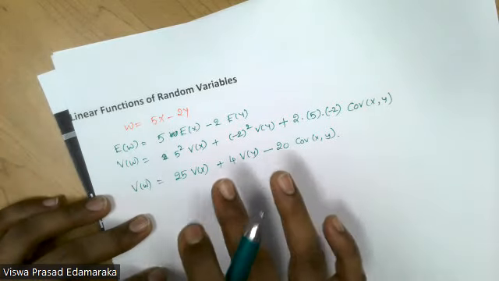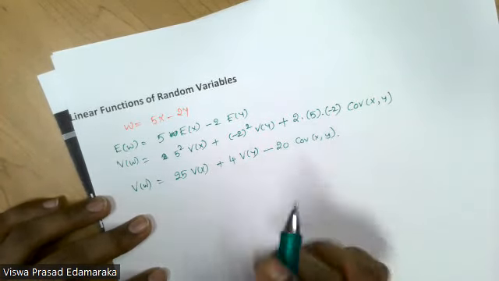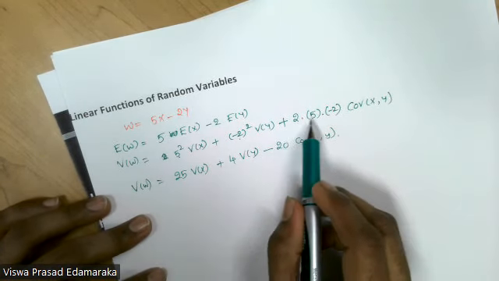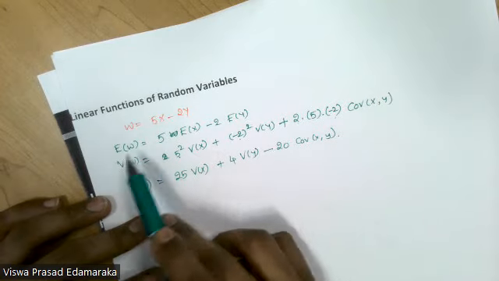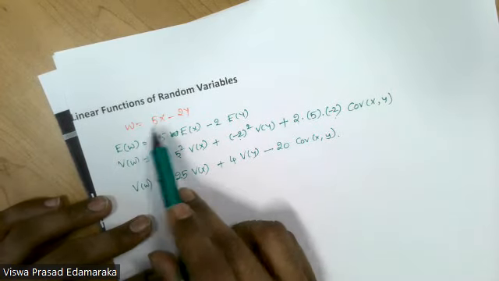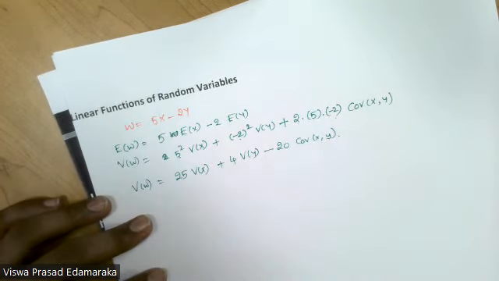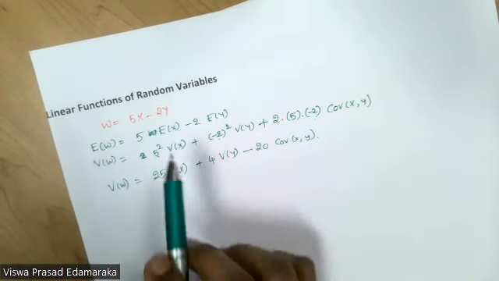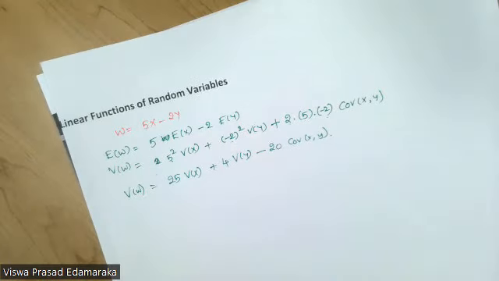This concept is very important and very easy. It is like a squared plus b squared plus 2ab. For expectation it is quite simple: take the constants out and directly use the expectation of x and expectation of y.